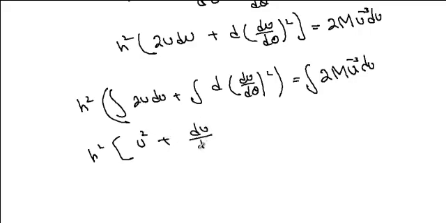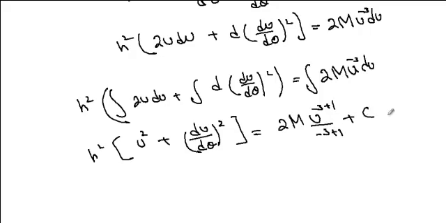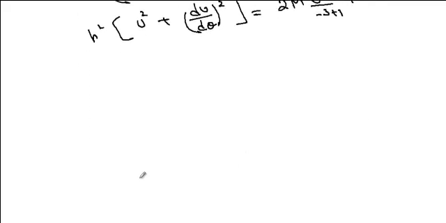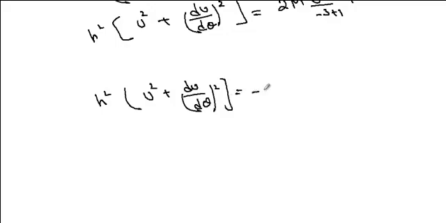The differential and integration cancel, so we get du by d theta squared, and integrating u to the power minus 3 gives minus 3 plus 1 divided by minus 3 plus 1, plus the constant of integration, which can be written as h square u square plus du by d theta squared is equal to minus m u to the power minus 2 plus c.